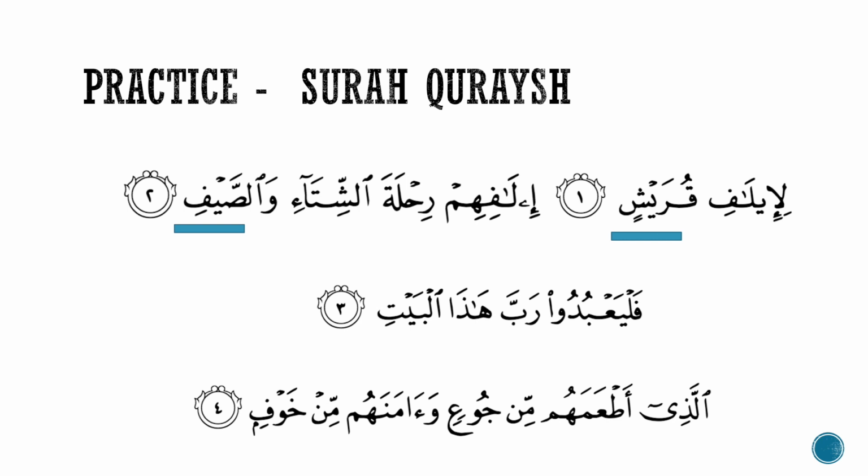So the same again, there is a ya sakina preceded by a fatah and followed by the letter fa as the last letter, which makes it mad leen. فَلْيَعْبُدُوا رَبَّ هَذَا الْبَيْتِ. Again, ya sakina preceded by a fatah and the letter ta at the end, where we will put a temporary sukoon, which makes it mad leen.